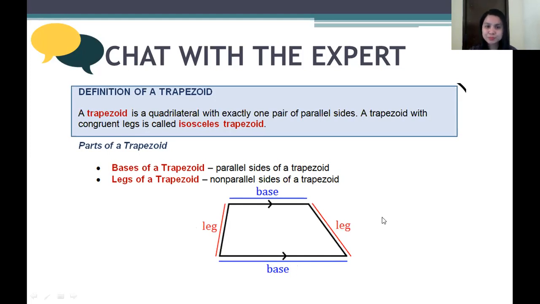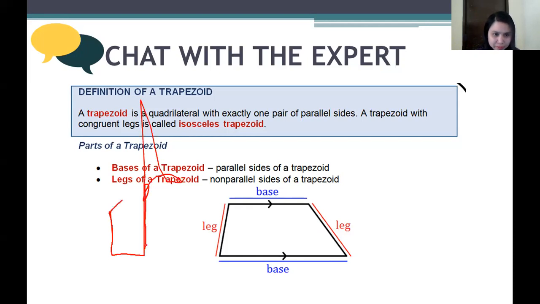Now, ma'am, what if I draw it this way? Wait first, where's my pen? Here. Okay, what if I draw my trapezoid this way?